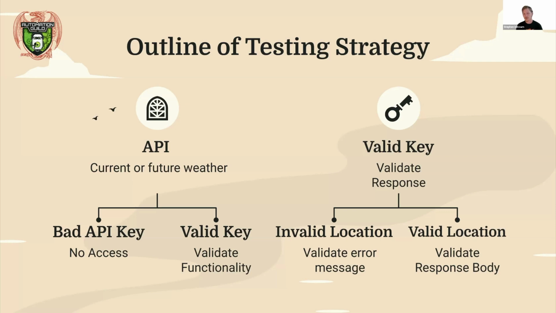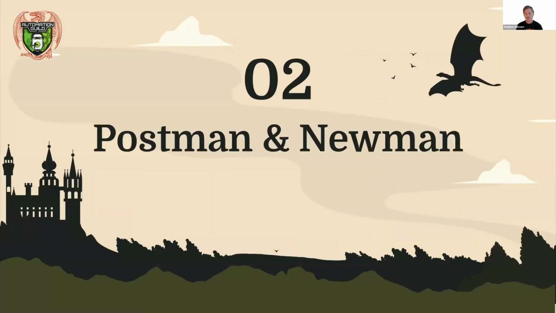And then once you have the key, start going down the happy path where you have a valid location and you get the right kind of response, or you have a bad location. Does it handle that gracefully in the way that you documented that you would expect it to do? So I'll go through that scenario with each of these three tools, starting with Postman.